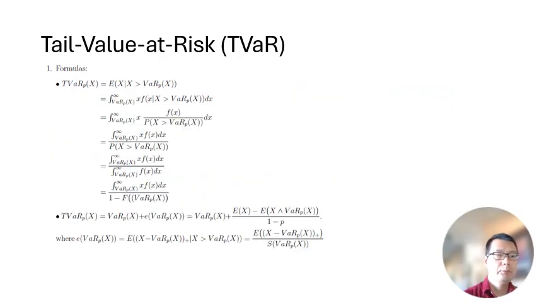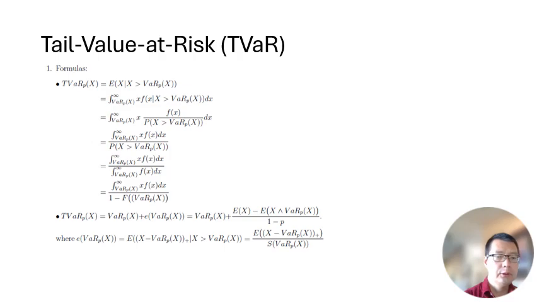Here are some more formulas for this tail value at risk. Mostly it's just repeating what we already said. The tail value at risk is the expectation of x given that x is greater than VAR p of x. And it can be further deduced in two parts.